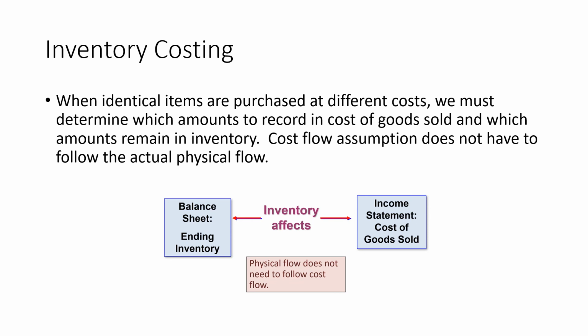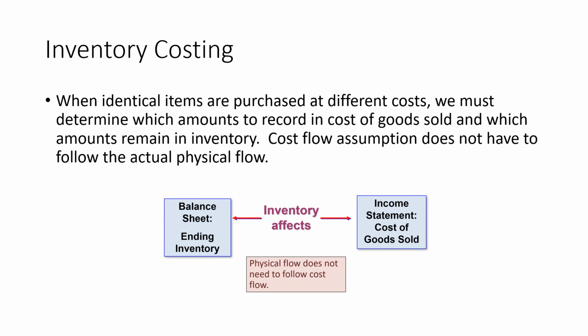So when identical items are purchased at different costs, like we've just talked about, we have to determine which costs will be recorded as cost of goods sold and which costs will stay in inventory. So like I said just a minute ago, once a business picks the inventory cost flow assumption, they stick with it. So it doesn't have to follow the actual physical flow of the merchandise. In theory, they could use LIFO for their physical inventory flow.